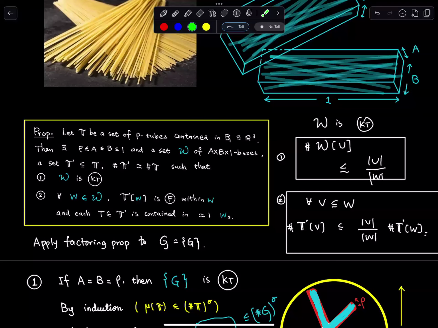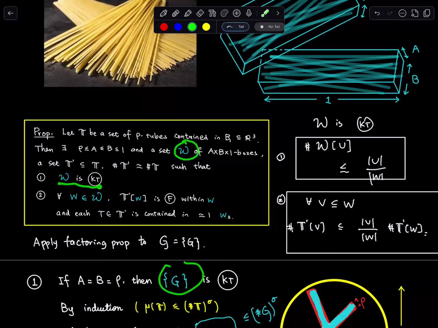When A and B equal rho, then the grains will become just the set. Now I'm ignoring this refinement, assume T prime is just T for simplicity. When A equals B equals rho, then G equals W.